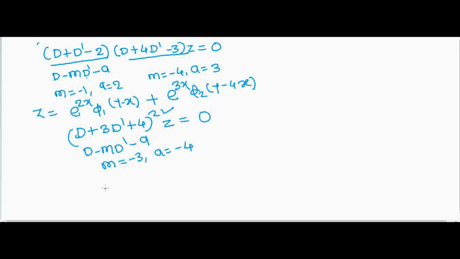Then the factor is e^(ax), that means e^(−4x) φ1(y − 3x). Repeating this factor, we take e^(−4x) φ2(y − 3x) and multiply the second one by x, and this will be the solution of this type of differential equation.